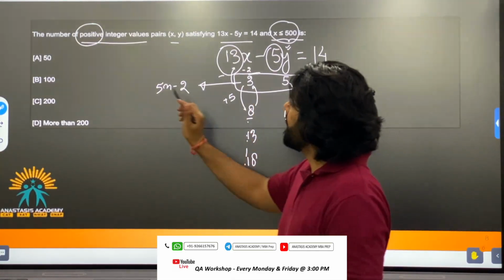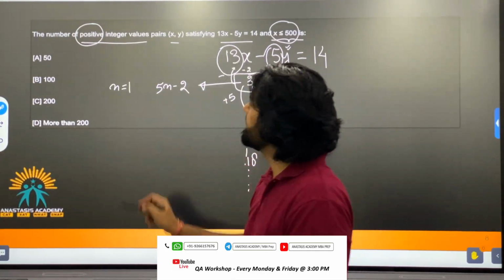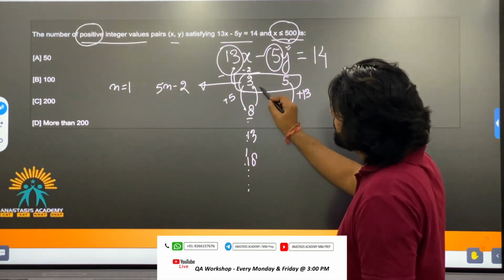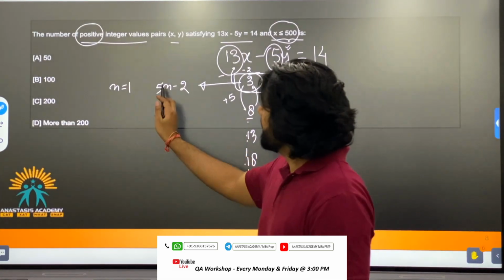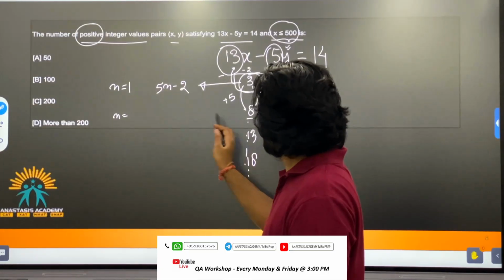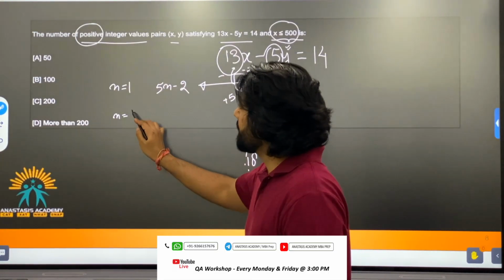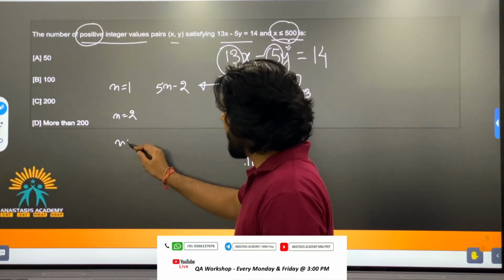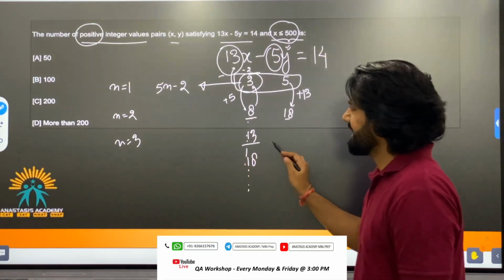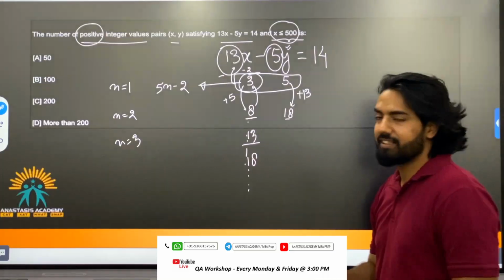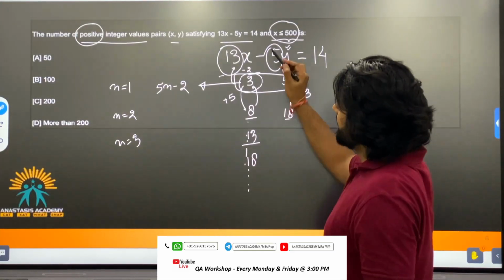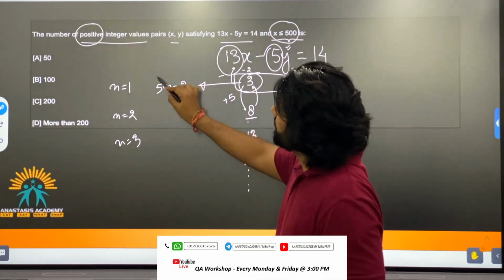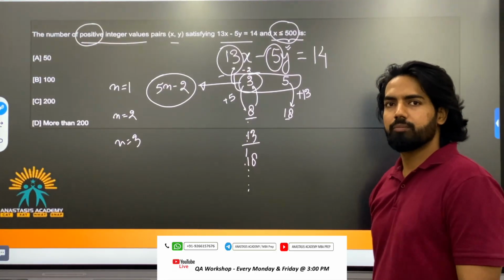If I put the value of n equal to 1, I get the first solution as 3. If I put n equal to 2, I get x as 8. If I put n equal to 3, I get x as 13, since 15 minus 2 is 13. So the general value of x is 5n minus 2.